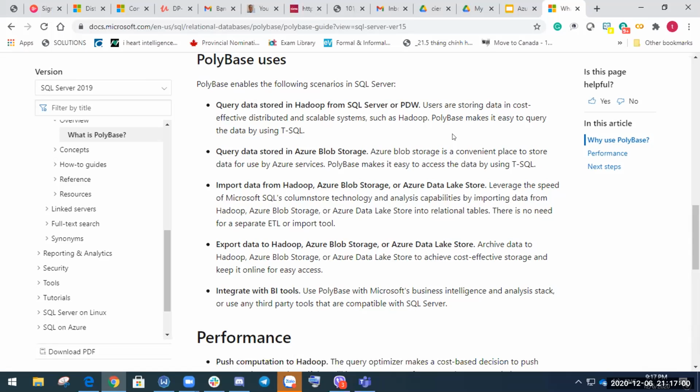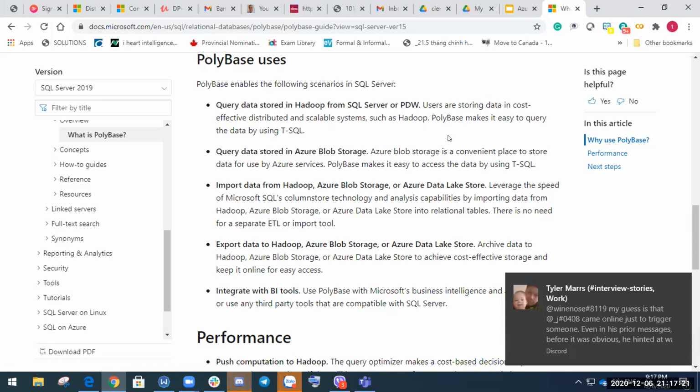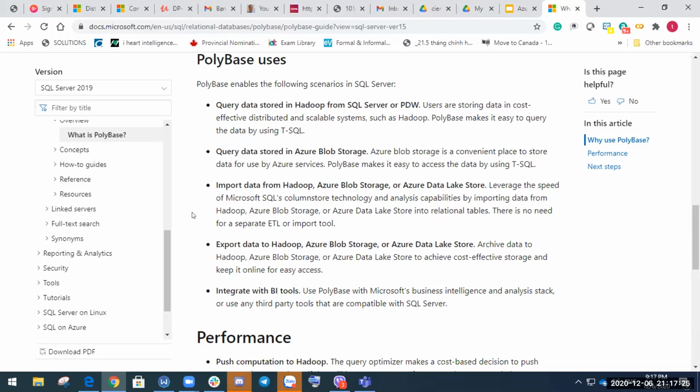So you can query data, but you have to be aware that it's a flat structure type of query. It's not like you have folders and subfolders. Normally, if you can query from blob storage, then for sure you can query on the data lake, because data lake is built upon blob storage. Remember?